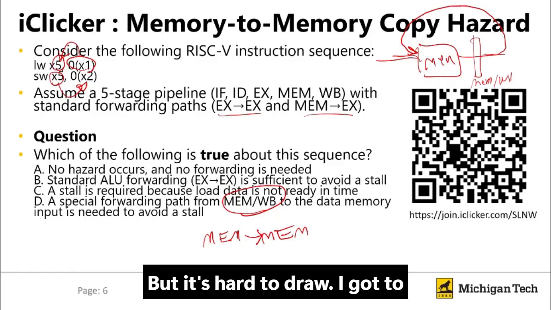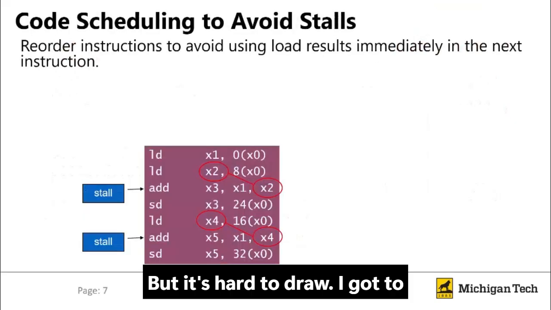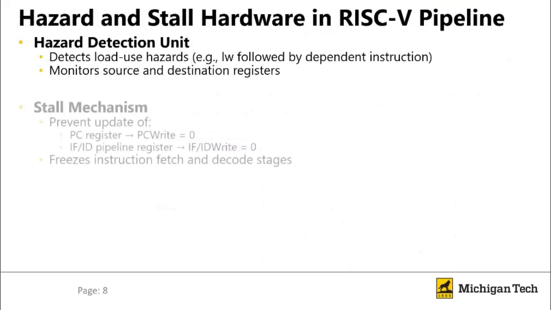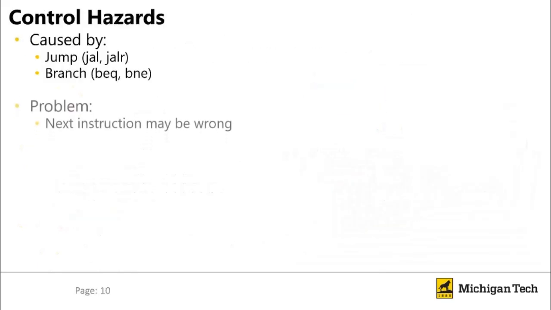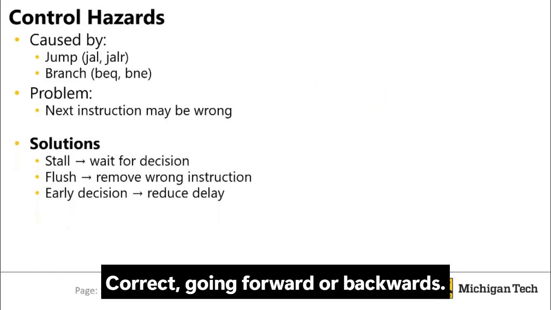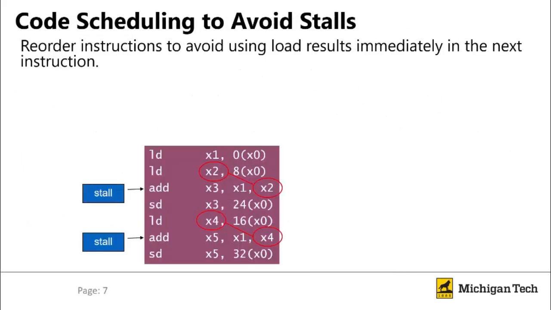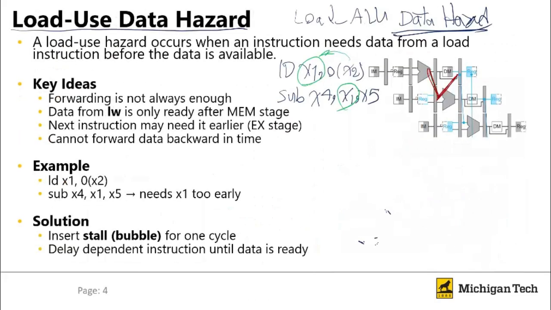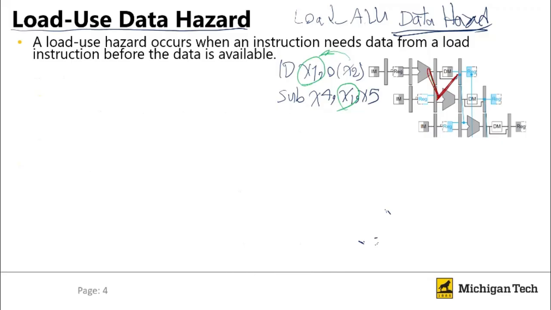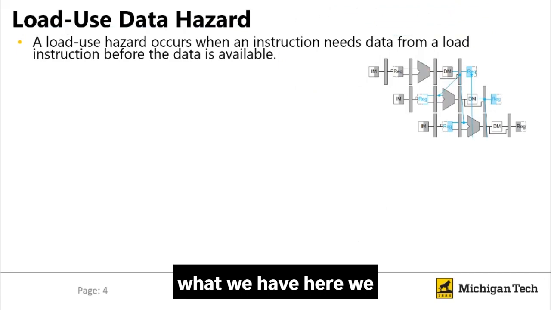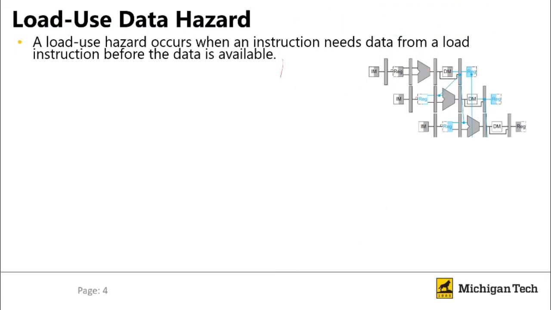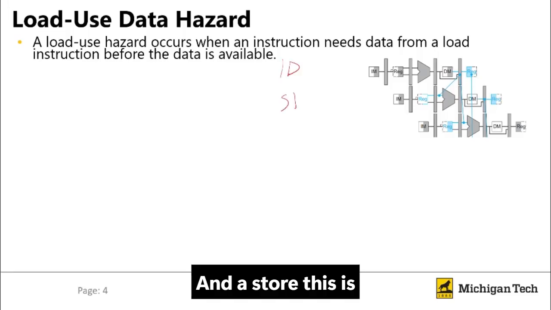I'm going to draw them, but it's hard to draw. I have to go back to show this example that I had. Let me clean this. So what we have here is a load and a store.